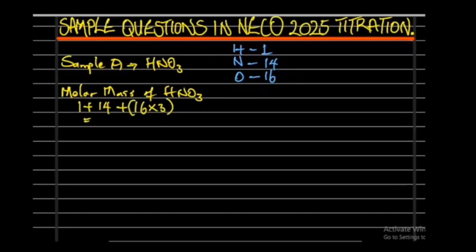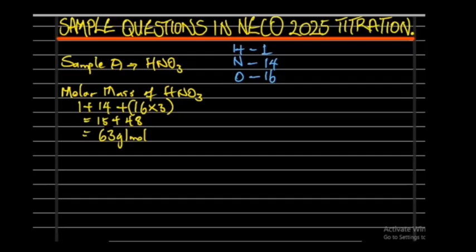So what we'll have is 15 plus 48, and that is going to give us 63. So 63 grams per mole is the molar mass for this particular substance.